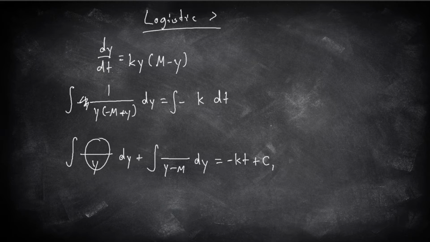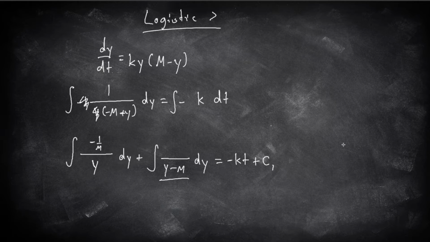And now we need to find the coefficients for these two. Using the same technique, the cover-up method, as we did in partial fractions, we find out what makes 0 on the bottom. So in this case, y equals 0. Cover the y here, plug in 0: 1 divided by negative m plus 0 is 1 over negative m, or negative 1 over m.